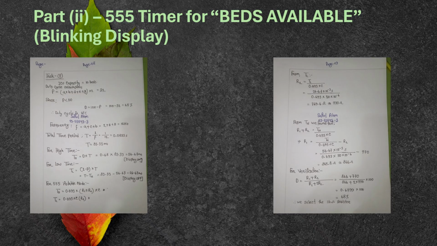This is the second part of my OBE assignment, the 555 timer for beds available blinking. We must design two 555 timer circuits, one for the steady full display and one for the blinking beds available display. The formulas for the blinking timer's duty cycle and frequency depend on my student ID.